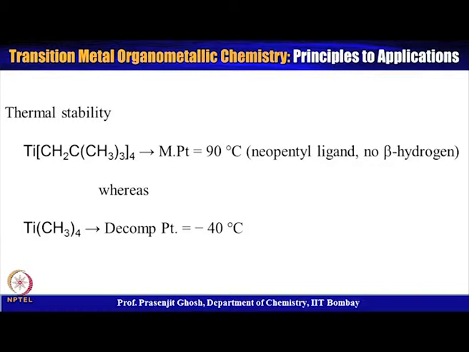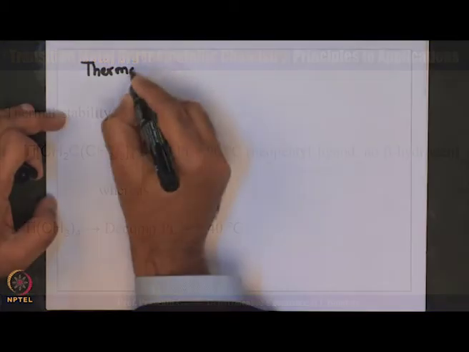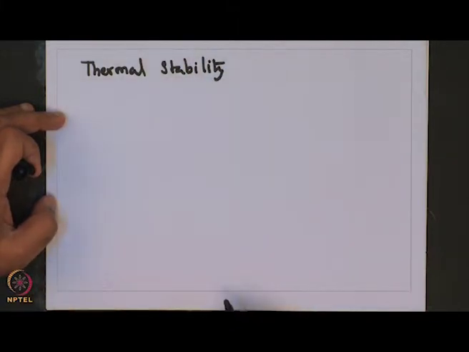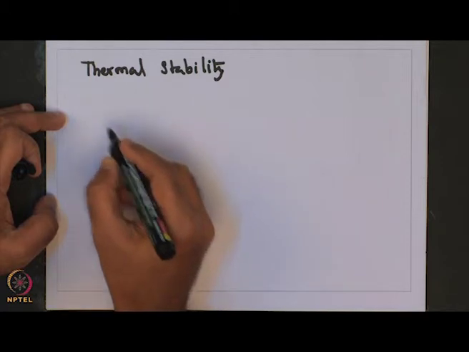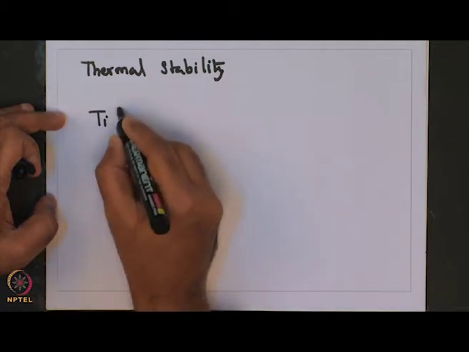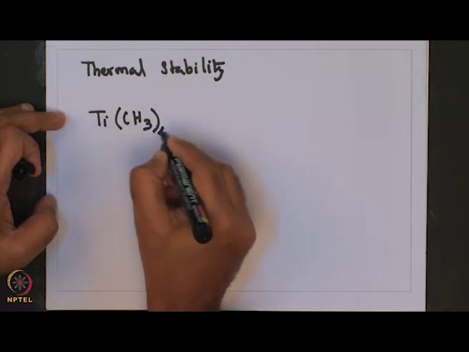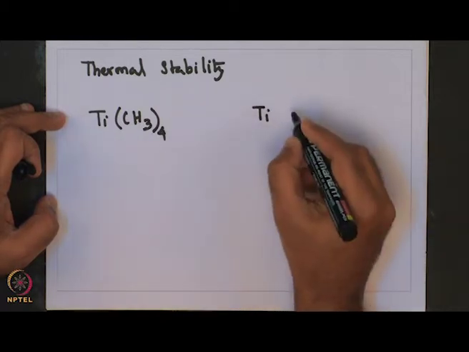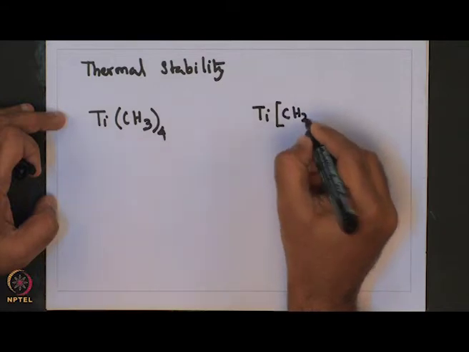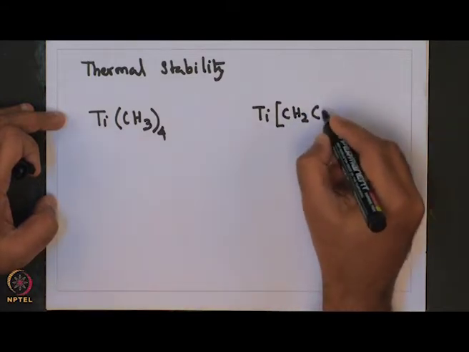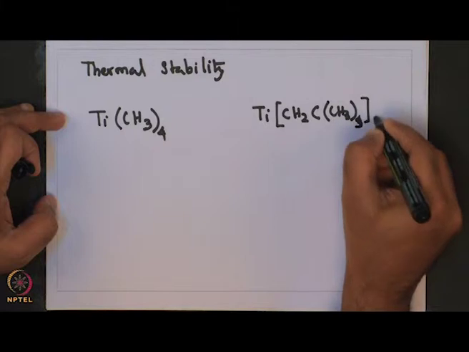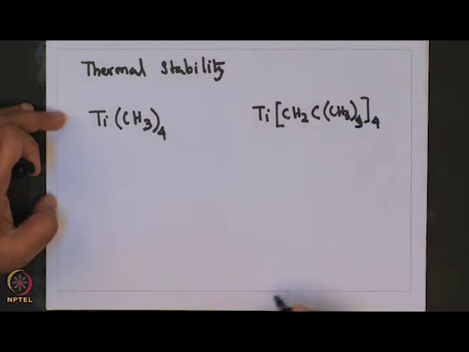For example, let us look at the thermal stability of these two compounds: titanium tetramethyl and titanium tetra(CH2CMe3), that is, titanium tetraneopentyl.